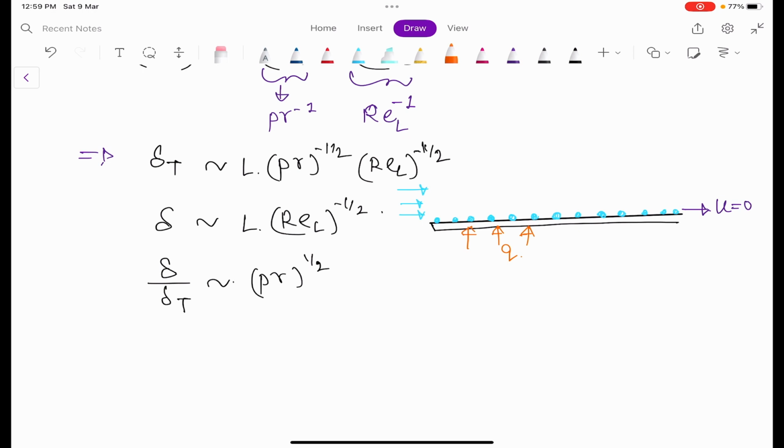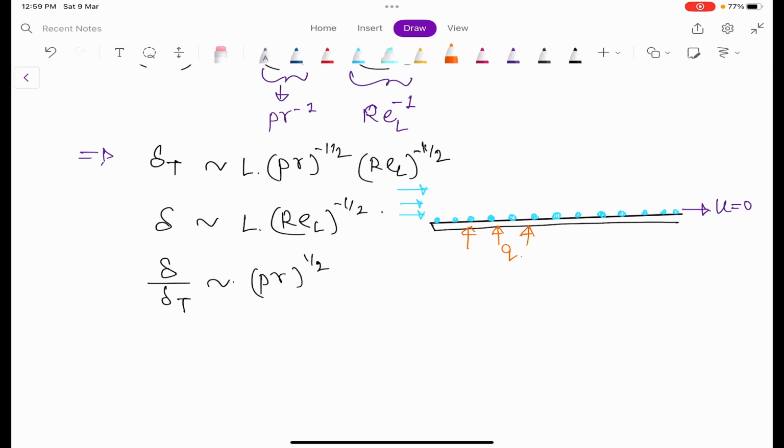But here the fluid molecules are not moving, so you cannot say that the mode of transfer of heat from the plate to the fluid is convection. The heat is transferred from the plate to the fluid molecules just adjacent to the plate purely by conduction.